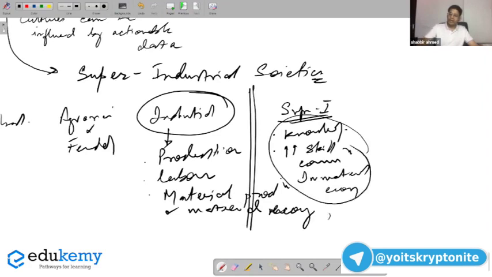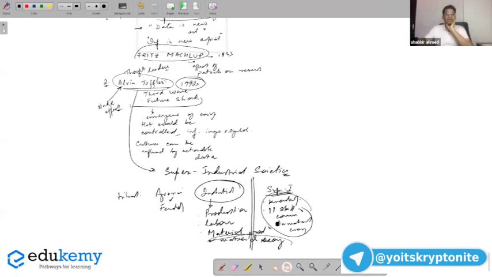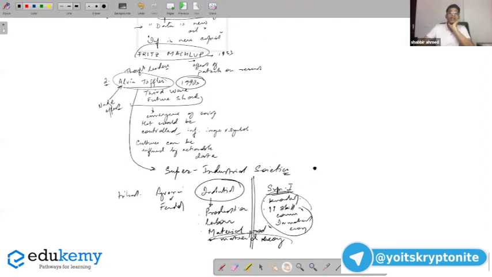When you say material, I'm talking about things. When you say immaterial, then it is knowledge, innovations, ideas. So in your nudge effect, you could use these names: Alvin Toffler's ideas about a super industrial society.